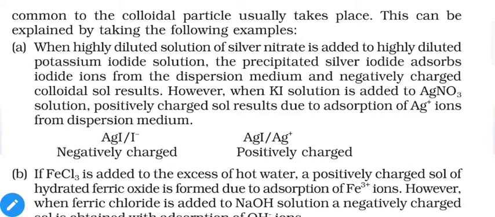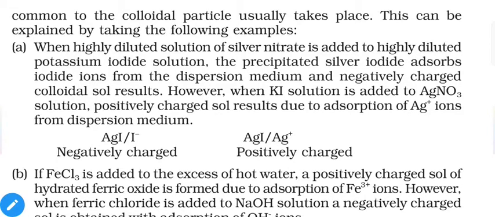So in the first case, as mentioned, AgI attracts I minus and gives a negatively charged colloidal Sol. However, when KI solution is added to AgNO3, positively charged Sol results due to the adsorption of Ag plus ion from the dispersion medium. That means AgI attracts Ag plus and a positively charged colloidal solution forms.